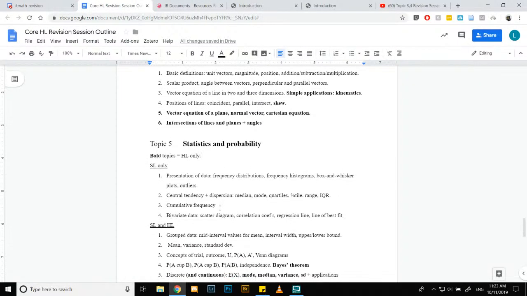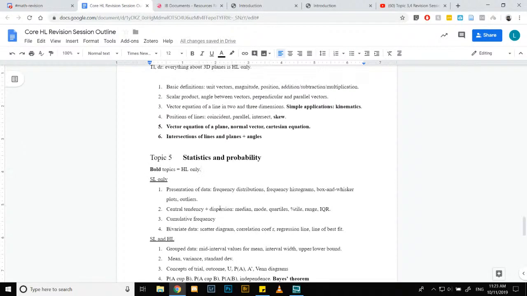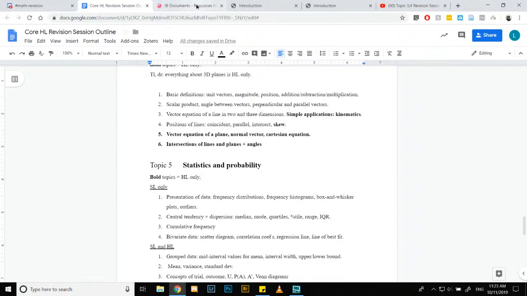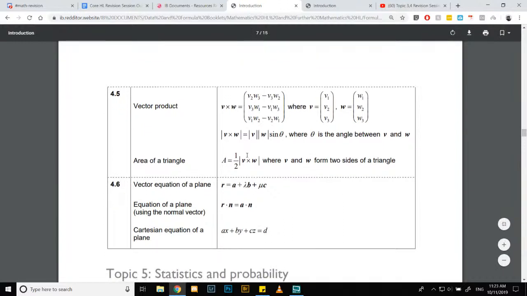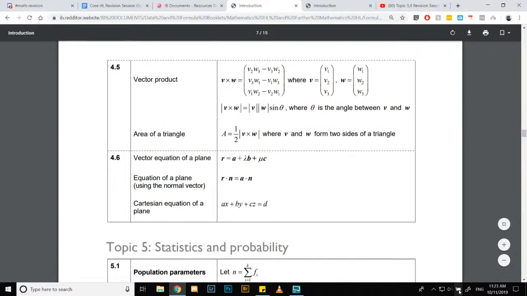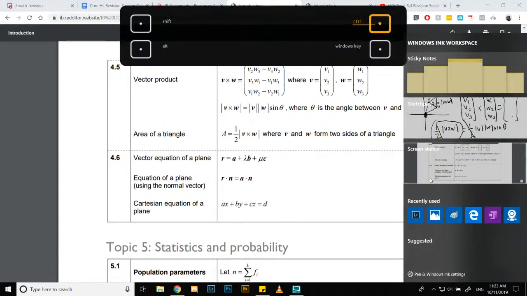Next we have the vector equation of a line in 2 and 3 dimensions. That's useful, so let's jump into the sketch.